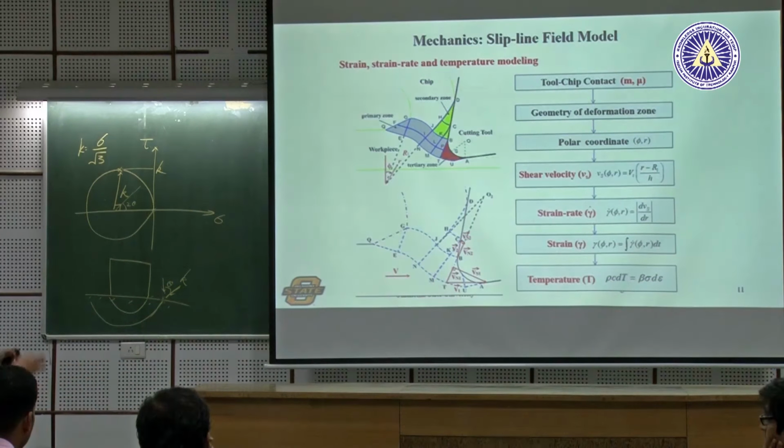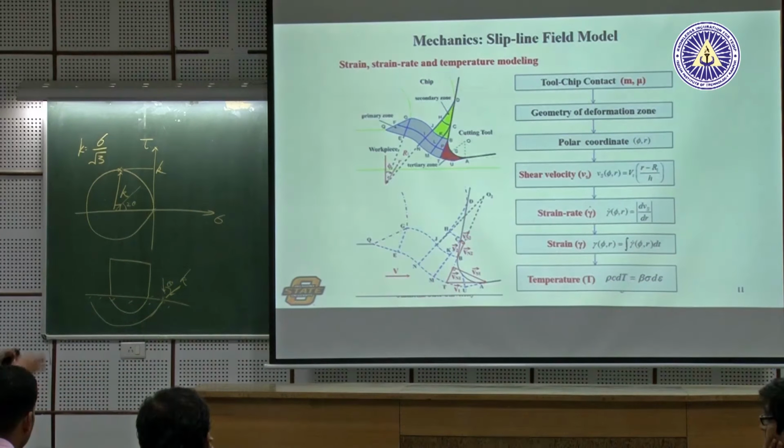In the next two or three slides there are very detailed equations about this slip-line field model, so I just want to mention the general idea. We don't need to go through each equation, because it took me almost two years to get those equations.